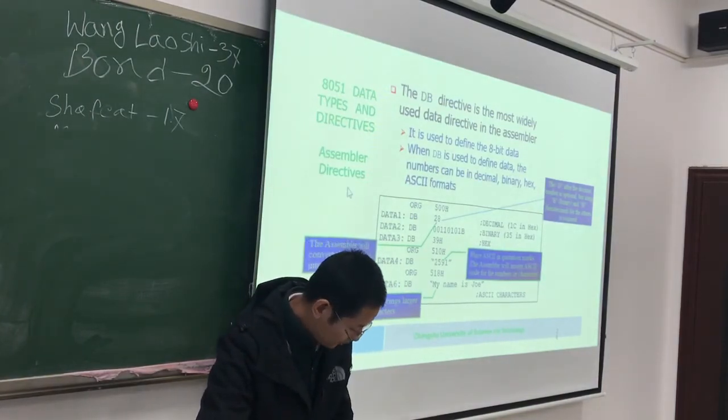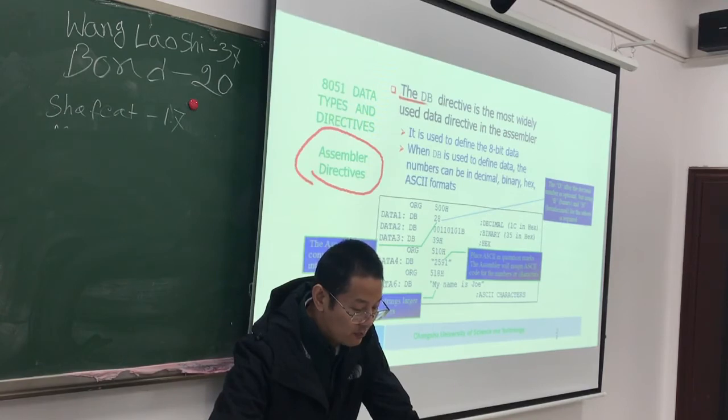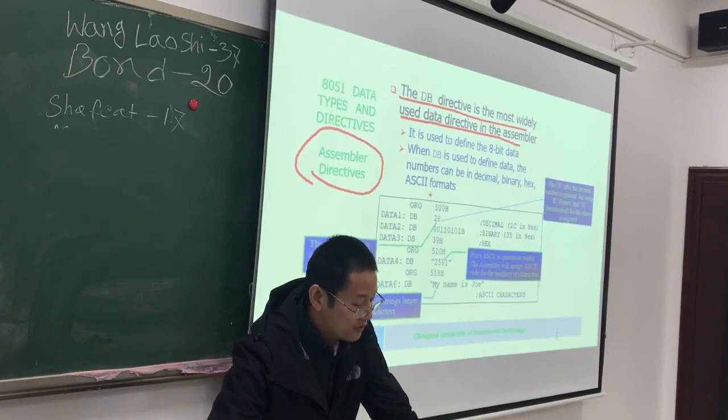Assembler directives. The DB directive is the most widely used data directive in the assembler. It is used to define 8-bit data. When DB is used to define data, the number can be in decimal, binary, hex, or ASCII format.